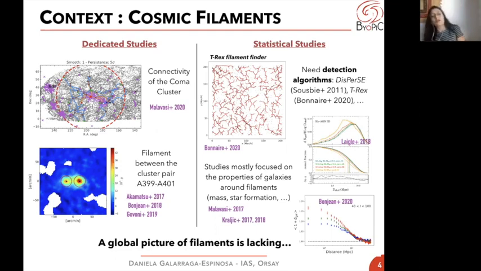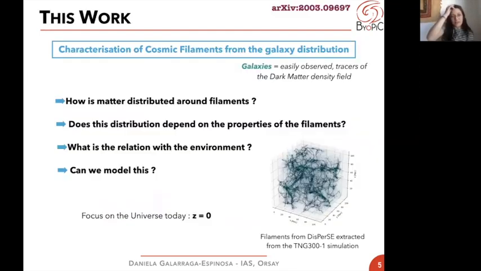So a global picture of filaments is still lacking. And this is the goal of mainly my PhD thesis: to characterize the cosmic filaments. In this paper, we used the galaxy distribution and simulations.